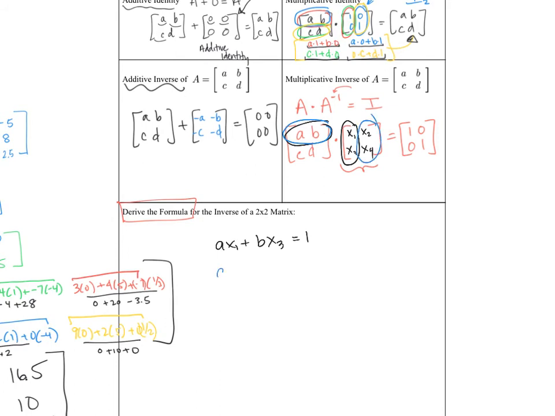We need A times x2 plus B times x4 to equal 0. We also need C times x1 plus D times x3 to equal 0. And lastly, we need C times x2 plus D times x4 to equal 1.